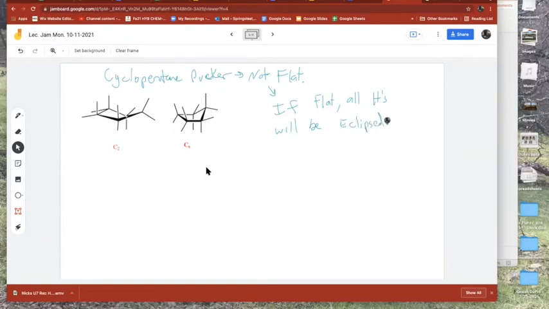When they're eclipsed, they have electron-electron repulsion, higher in energy. So in order to get to a lower energy, they pucker like that. Okay, we won't deal much with that.